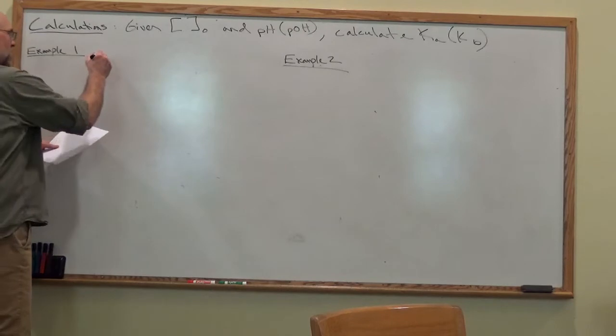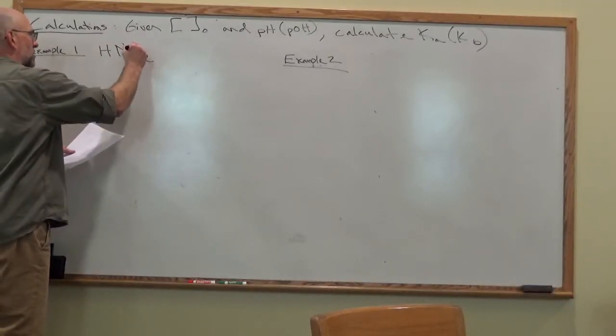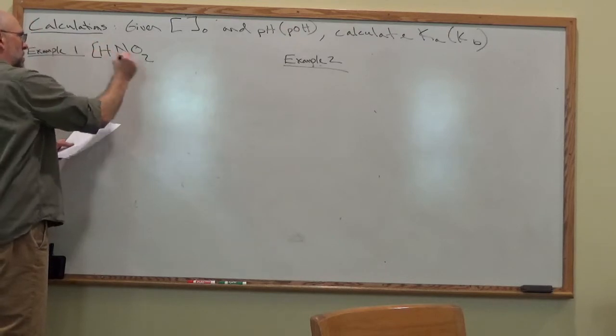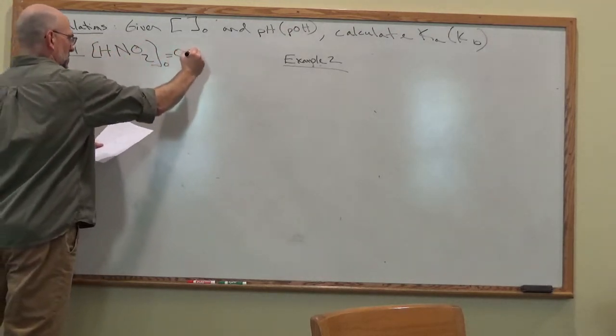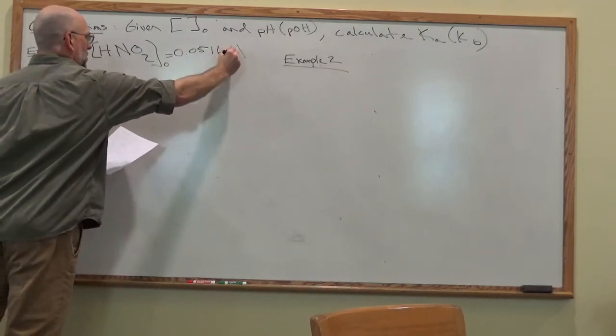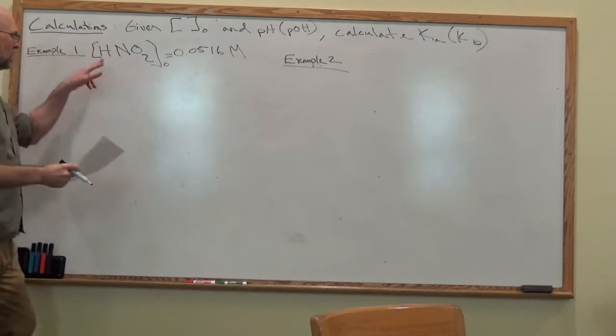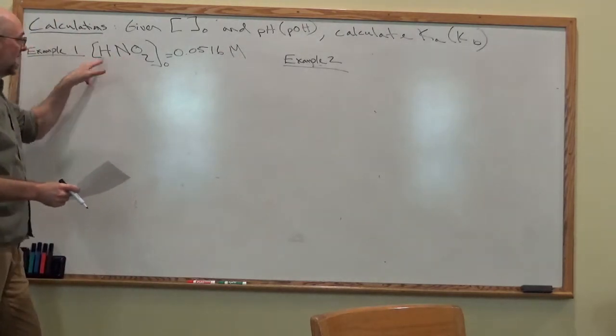So example 1, this one we have to be careful. HNO3, nitric acid, is a strong acid.